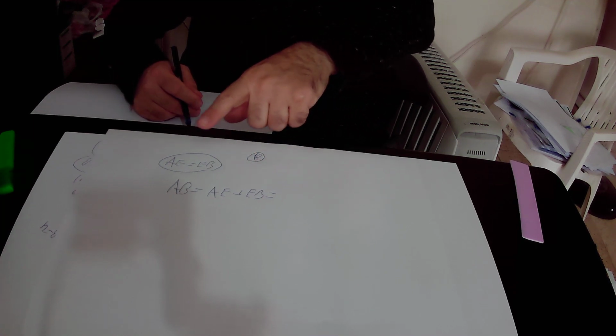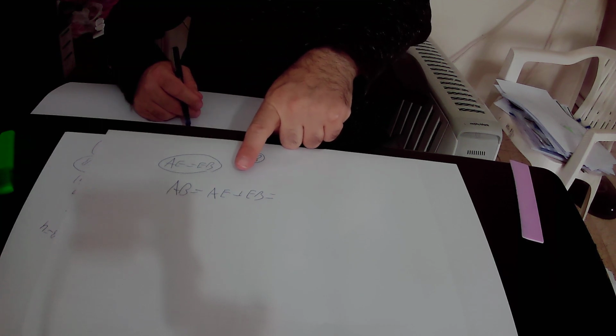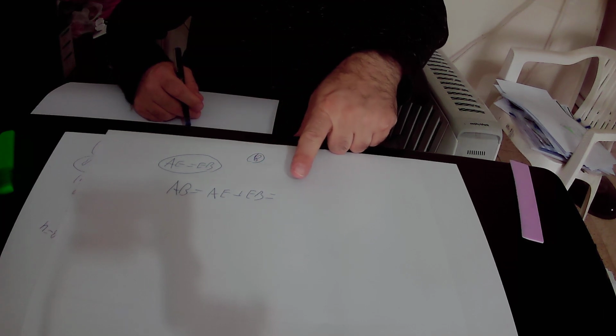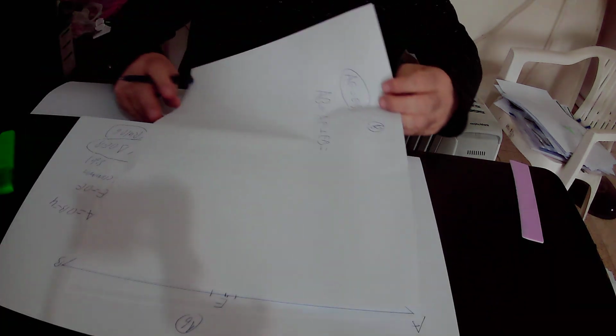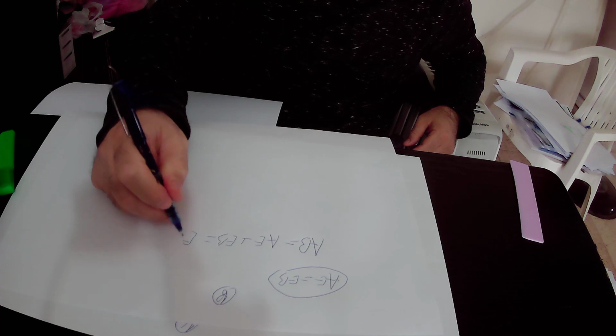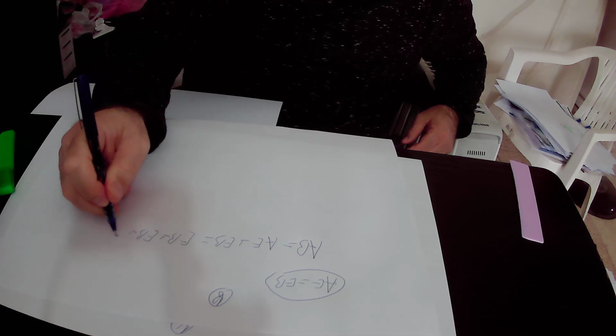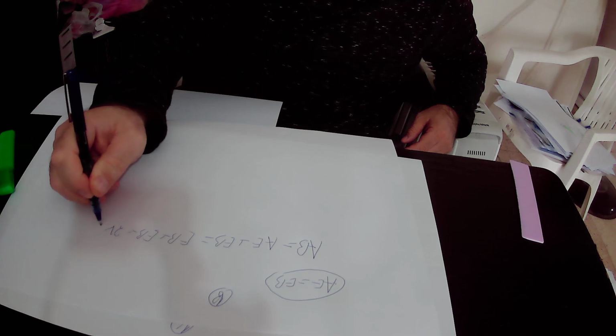But we have already found out that AE equals EB, so we can substitute AE in this equality by EB. So we will get that AB equals EB plus EB. That is to say, AB equals 2 times EB.